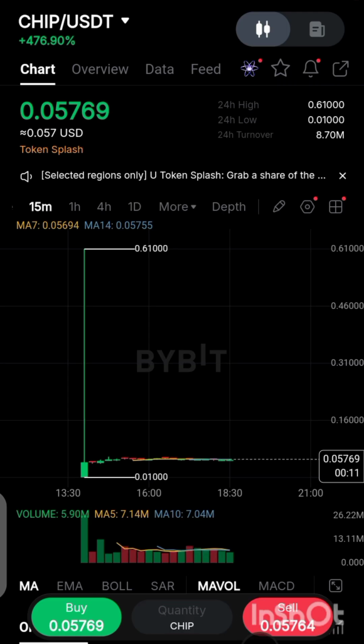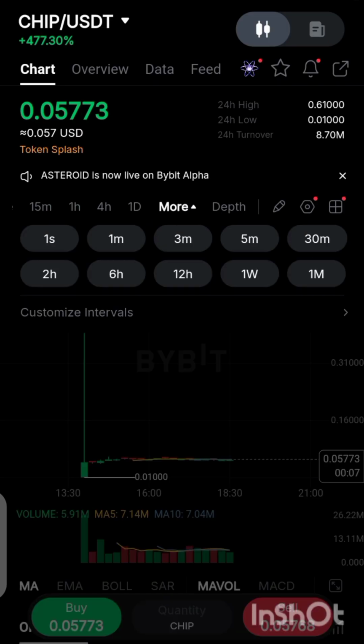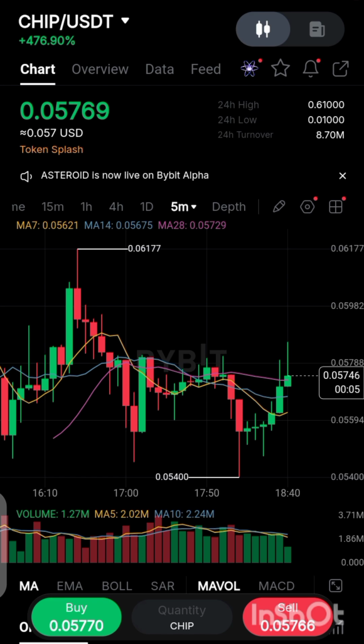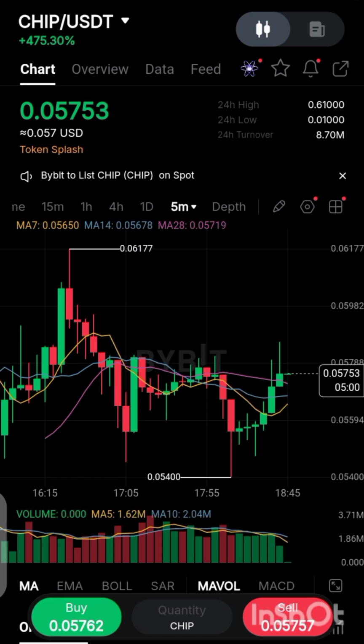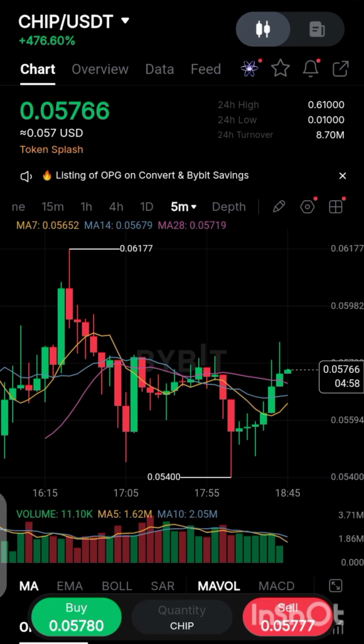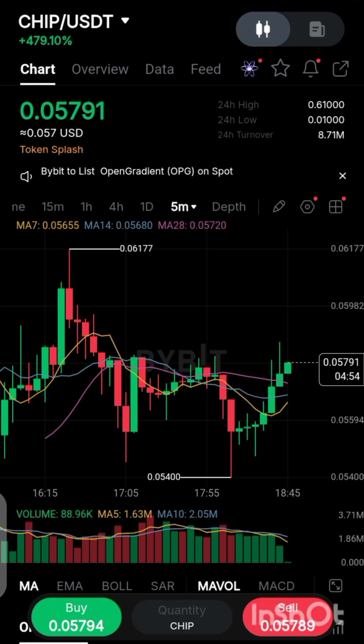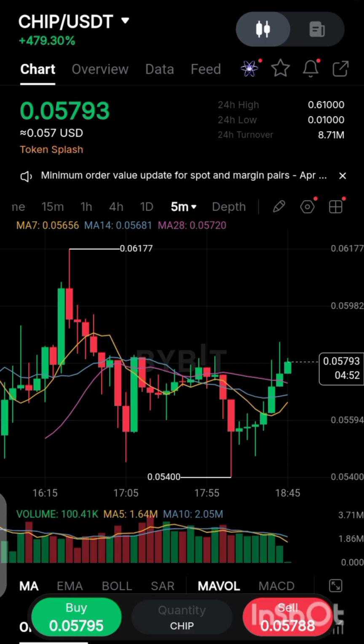So drag this and come over to this place where you are seeing more. This strategy works best in low time frames, like 3 minutes or 5 minutes. For me particularly, I will not advise my VIP members or my fans to use 15. So just use 5.